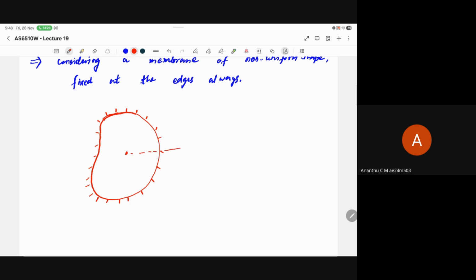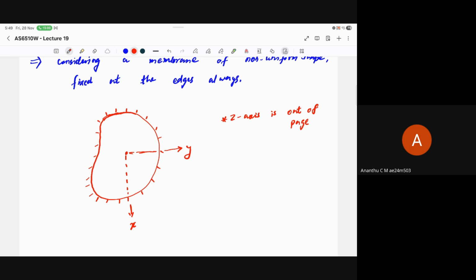So this is the y-axis, let us say, and this is the x-axis. And then with respect to the x and y axes, there will be a z-axis, which is perpendicular to this membrane, out of plane. So this is the axis system in which we are defining this membrane.